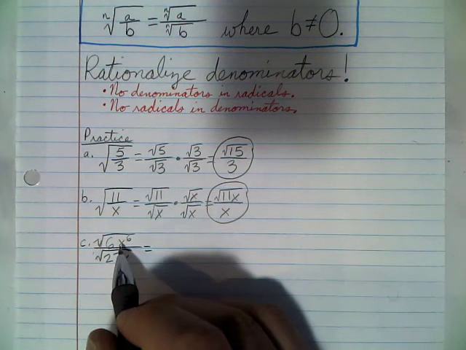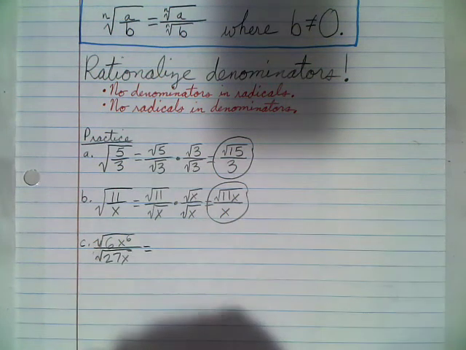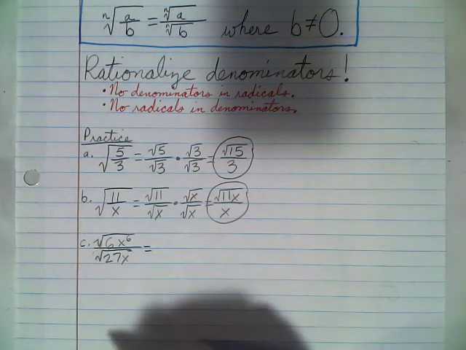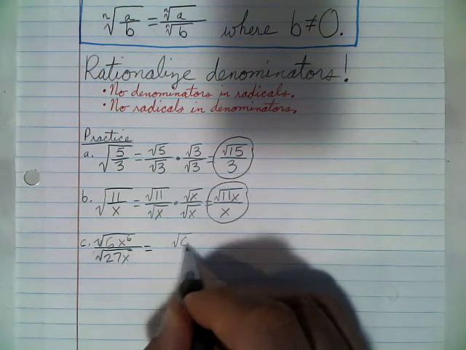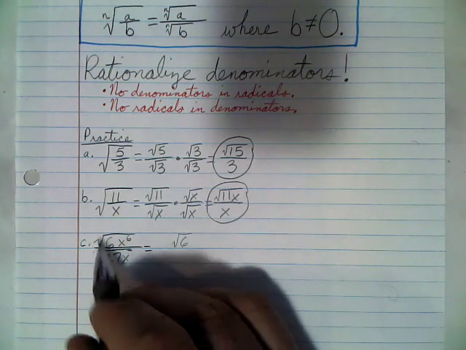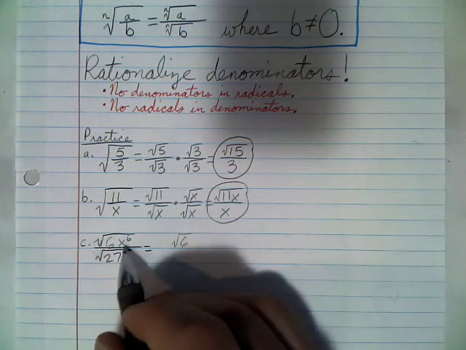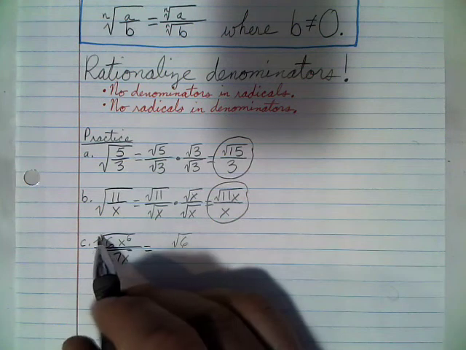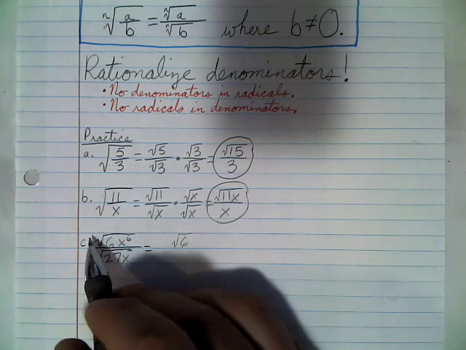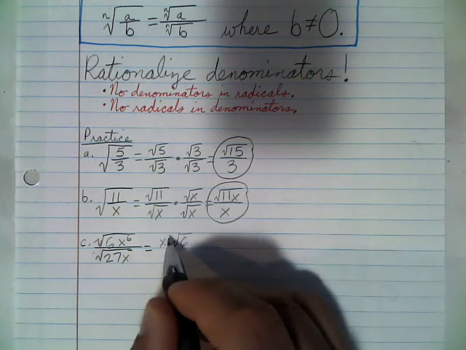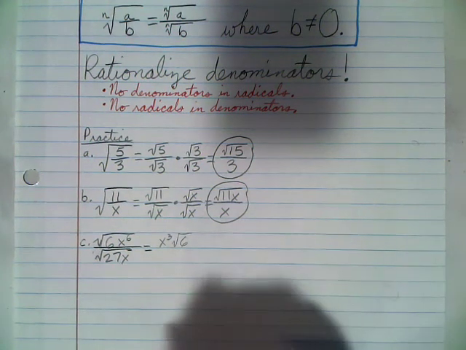So up top, there's no perfect square that I can pull out of 6, so I'm still going to have a square root of 6 in there. But for the square root of x to the 6th power, remember that when you have a root of a power, you can basically divide the exponent by the index. So 6 divided by 2 would be 3, so I have an x cubed that will come out of that.